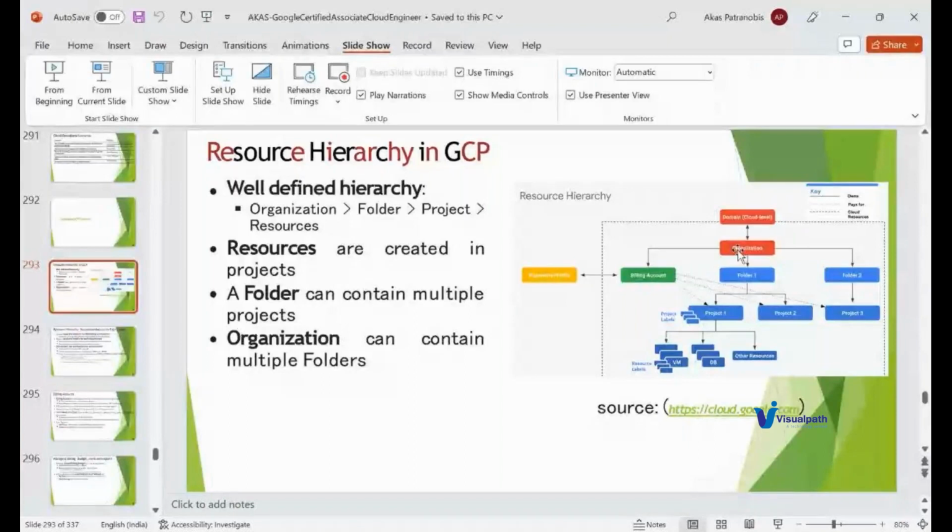You have that complete segregation, so that when someone new is coming to your team, or when you are trying to find something, because in a large organization there are thousands of resources running, and it's human nature that we can forget. But if you know which project to go through, it becomes much easier to find it.